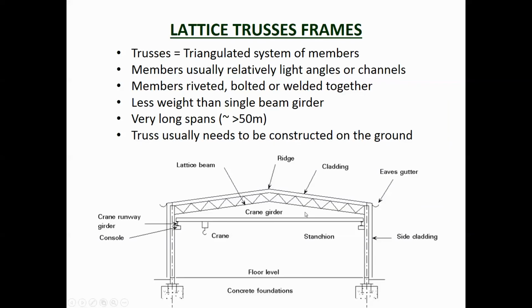Lattice truss frames are like a portal frame, but instead of having one member doing the span, the rafters, you have a lattice truss, and obviously a truss allows a stronger member, and therefore a longer span.